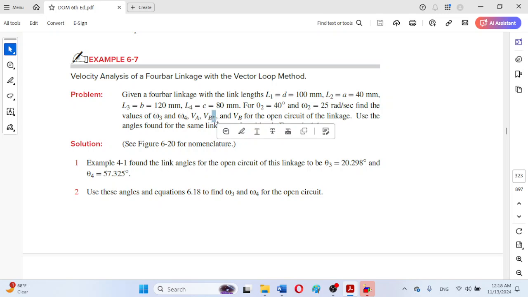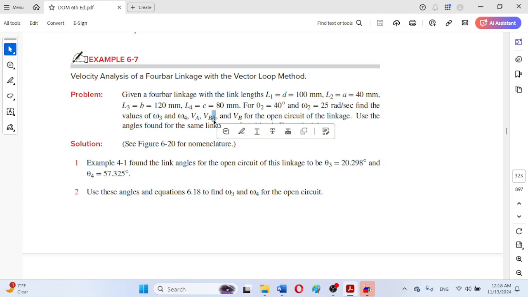Both points A and B are in motion, but the required velocity vector is located at point B, and it will be calculated with respect to point A. So the moving origin or moving frame of reference will be attached to point A.